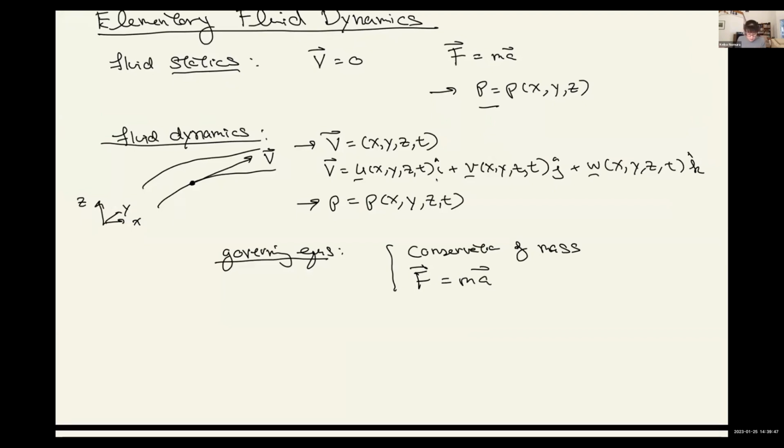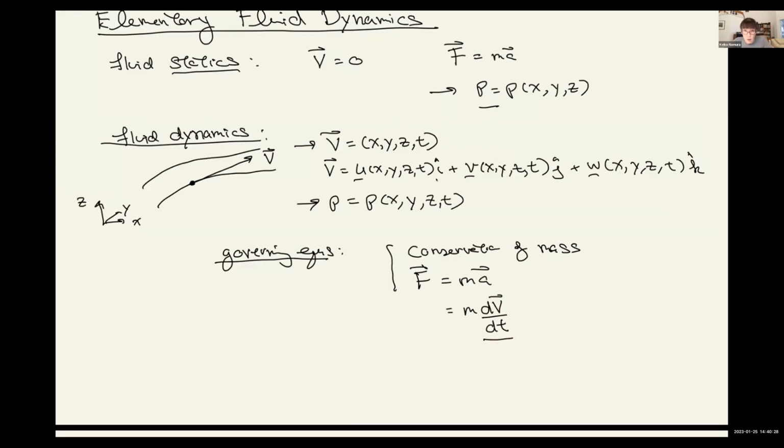Now, you can kind of see that things are going to be a lot more challenging. This acceleration we write as dV/dt. But this derivative, dV/dt, in general may be more involved, because if you think about it, the velocity is a function of both space and time. So one has to account for that when you take this derivative.